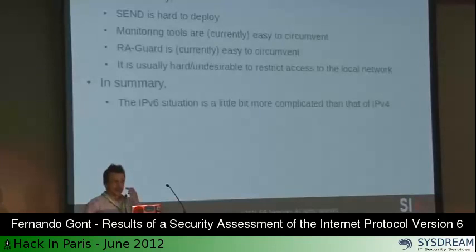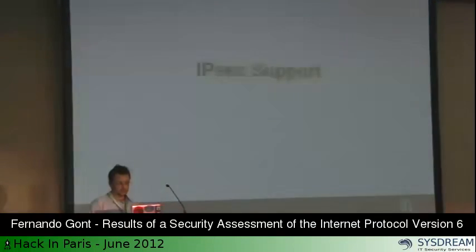And the problem with router advertisement guard is it's very trivial to evade. So I would say that in most cases, all of the possible mitigations that you have cannot really be successfully deployed in practice. Again, when you compare the V6 situation with the V4 situation, the V6 situation is a little bit worse, and there is lots of work to do in that case.